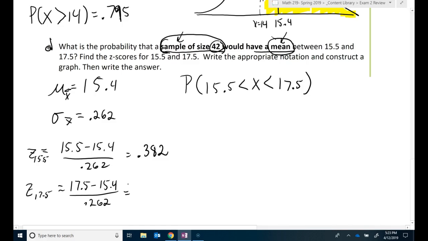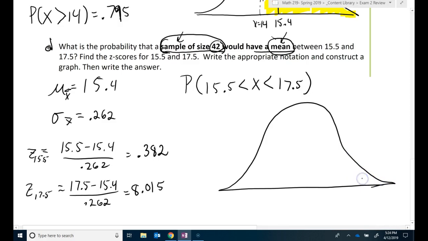That's going to end up being really far away. That's going to equal 8.015. So it's 8.015 standard deviations away from the mean. It's like a ridiculously far distance away from the mean.